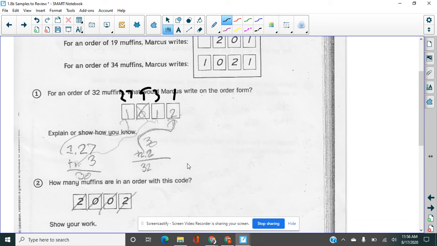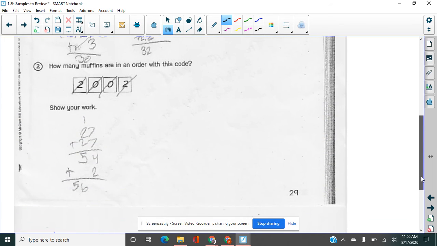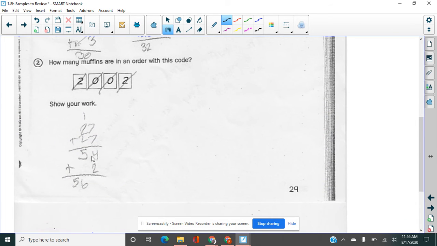So this math looks pretty good, right? Explain or show. Really, again, right? Sentence right here. Look at all this space. And if you have space, you want to make sure that you work with some of that space to draw a picture or to write a sentence. And then down here, this person has the same answer as the last person, but no explanation here, right? So same kind of issue.